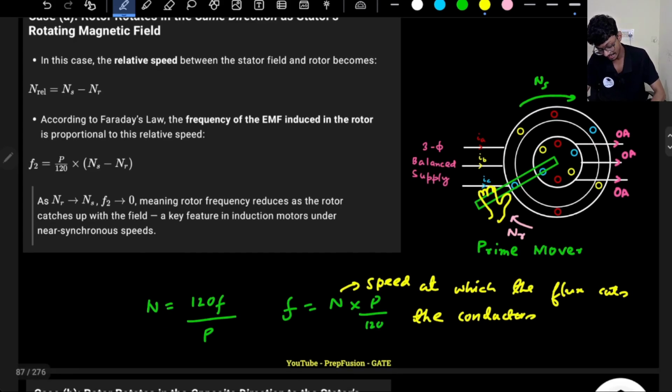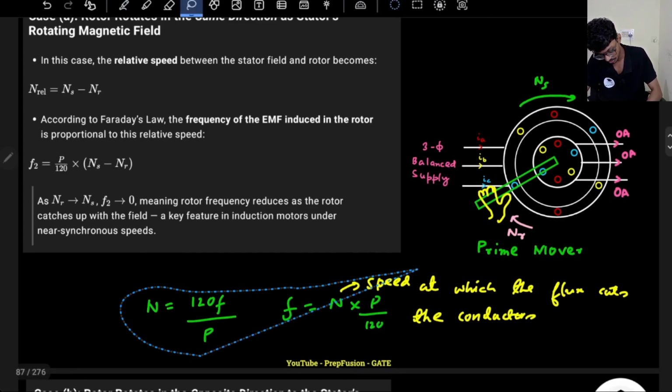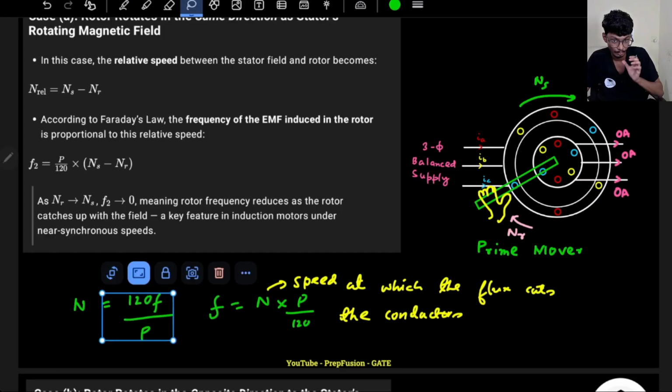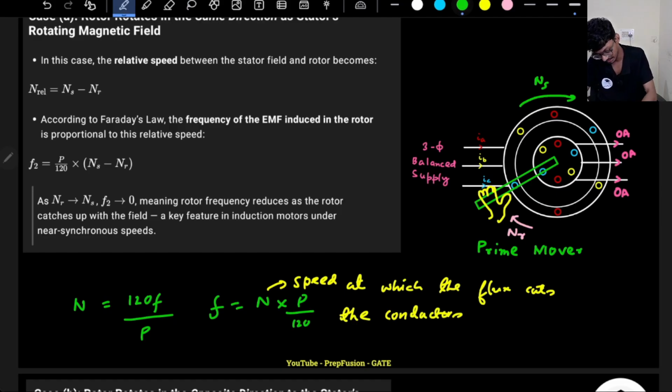So n is actually not exactly equal to n, it is n relative. It is the relative speed between the magnetic field and the rotor.